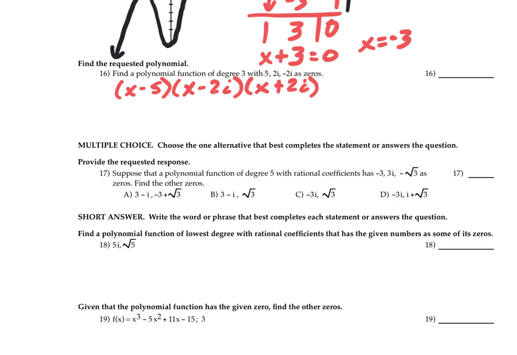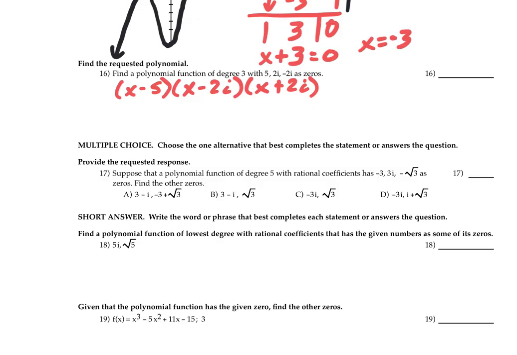We're going to multiply this all together because we want a polynomial in standard form. Whenever we multiply these, always do the conjugates first. Don't try to multiply this by this because it's going to get really nasty to try to do that. So just trust me. Always do the conjugates first, get that answer, then multiply x minus 5 times that.